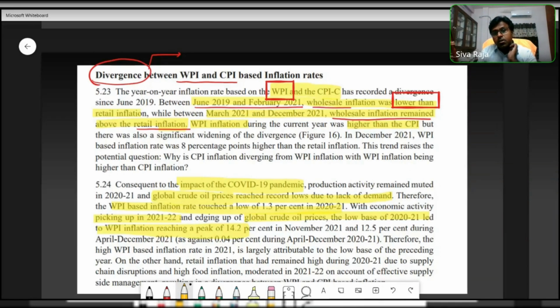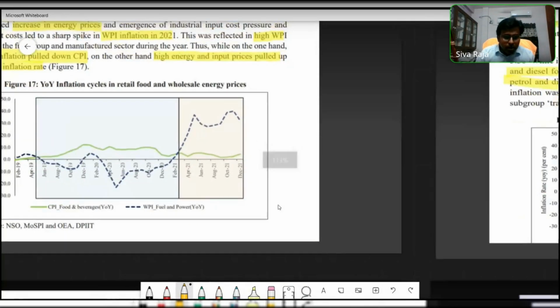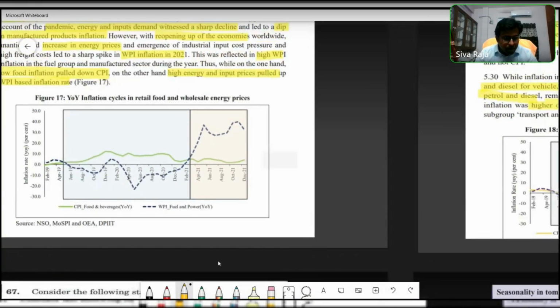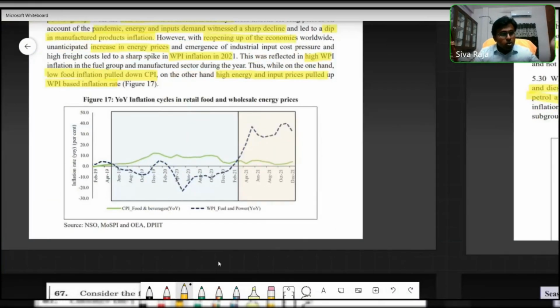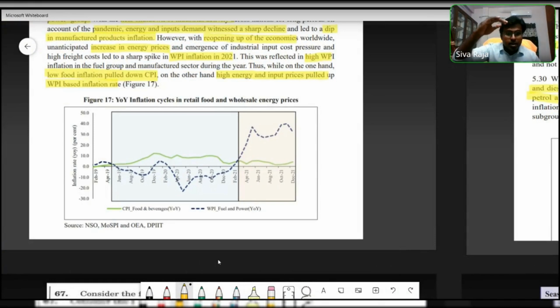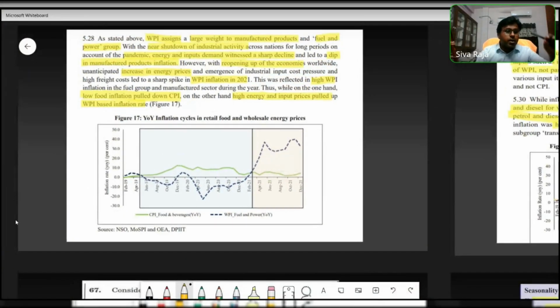Wholesale price index was lower than consumer price index, the retail inflation, earlier. But post-COVID, WPI is increasing, CPI is not increasing to that point. So what you should have as a conclusion is that they both can diverge. They will not always be together. That is the one single point. If you remember, that is enough.